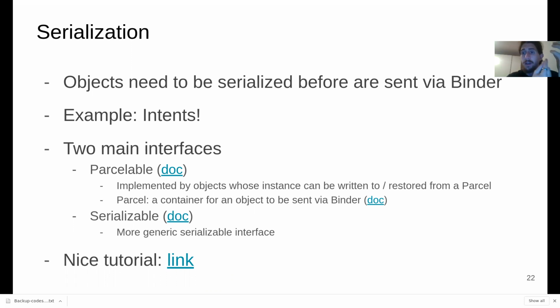They need to somehow transform what they want to send into a stream of bytes. Conceptually, the way you convert an object into a stream of bytes is called serialization. Again, this is a concept, it's not Android specific. And in many cases in Android, this happens under your eyes and you don't even notice. If you send an intent around, that's exactly what happens. You are somehow serializing your intent, and then the receiver is deserializing it, okay?